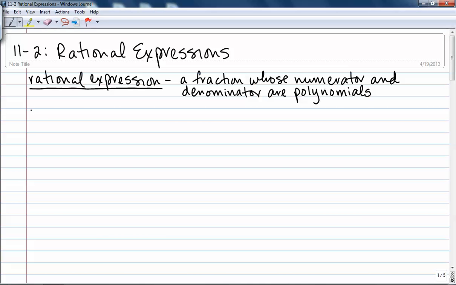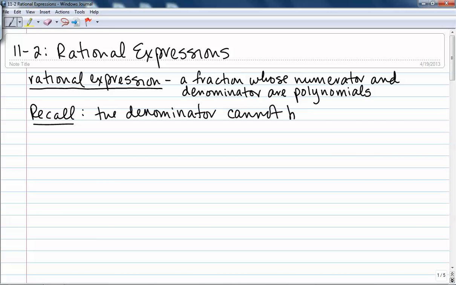Recall from our work with fractions that the denominator cannot be equal to 0. The value of x that makes the denominator 0 is called the excluded value.